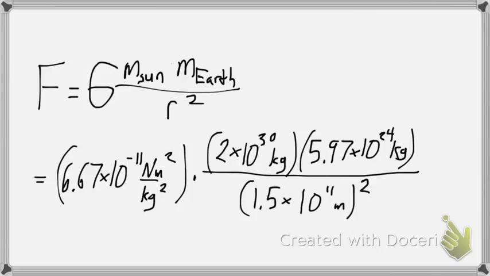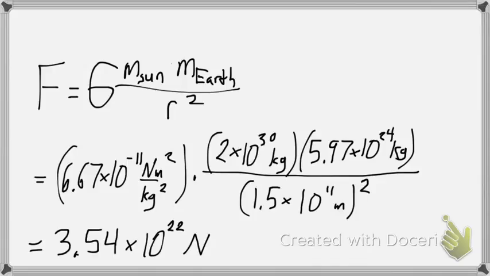So just plugging in the values that I'm given, I get 6.67 times 10 to the negative 11th times 2 times 10 to the 30th times 5.97 times 10 to the 24th, all over 1.5 times 10 to the 11th squared. And punching that out into my trusty calculator, I end up with about 3.54 times 10 to the 22nd newtons.